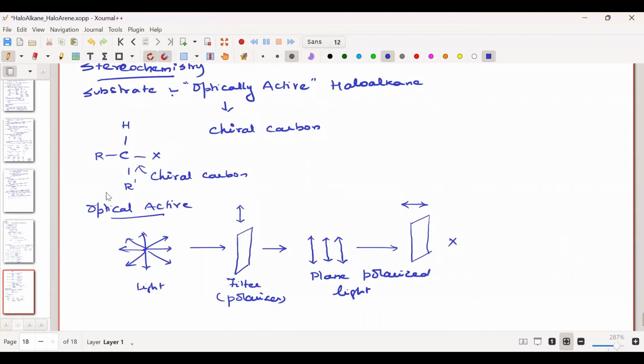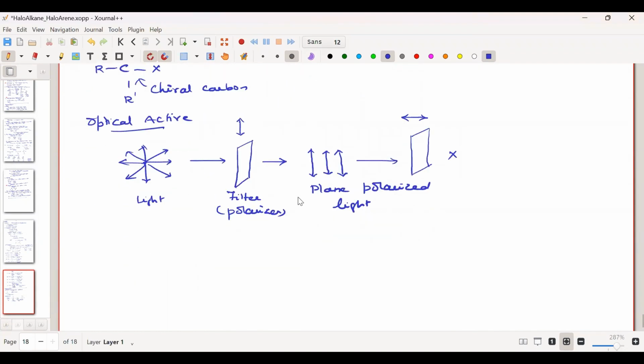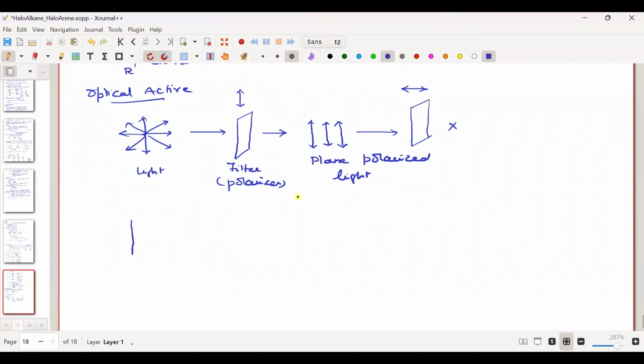Let's say I take a haloalkane, an optically active haloalkane, and I am passing this plane polarized light into a solution of the optically active haloalkane. What is in it? Actually there is a chiral carbon, correct? Yes. Now what will it do? This solution will rotate the light. When the light comes out from here, it will get rotated.